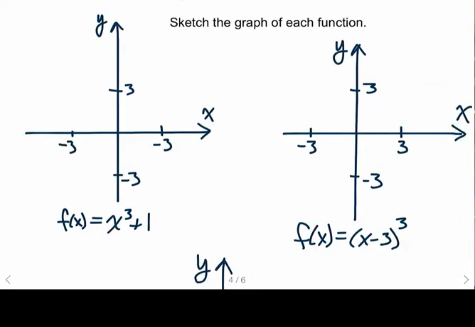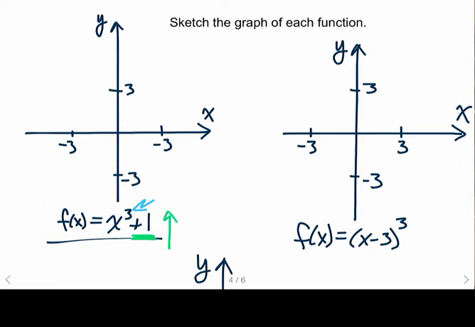We're asked to sketch a few graphs, and we'll just do each one in turn. The first one is f of x equals x cubed plus 1. Now the x cubed is indicating to me the parent function. And so I recall the shape of a cubic function from a previous video. If we've been paying attention, then we'll know that the plus 1 indicates that the graph is going to be moved up by 1 unit.